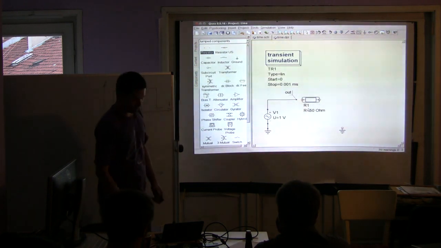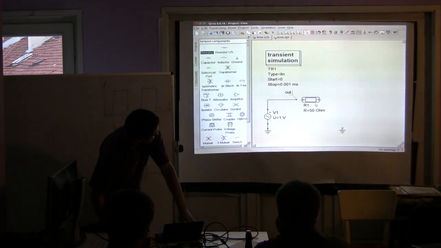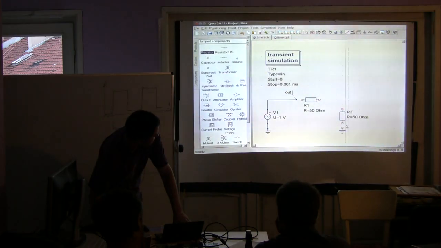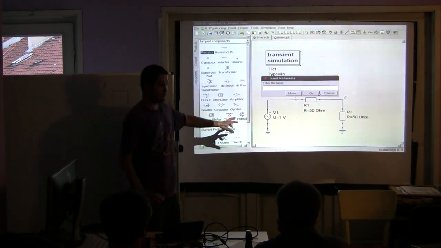For example, if we have two resistors with the same value, 50 ohms, let's see what the output is going to be when the voltage is alternating.